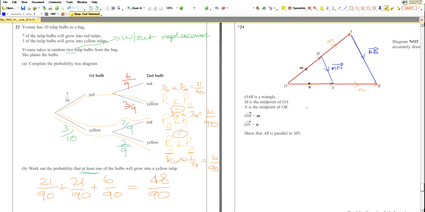So let's work out first of all A to B. If I want to go from A to B, I've got to go the scenic route because we don't know the direct route.